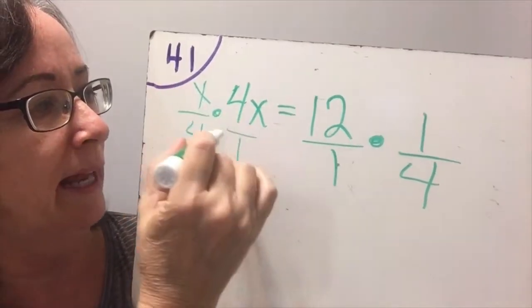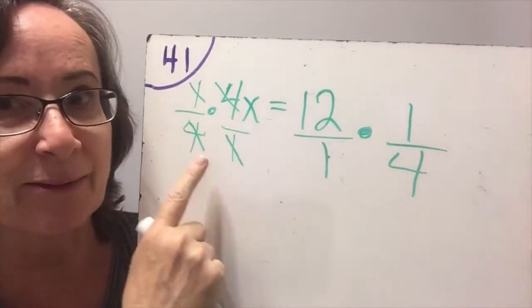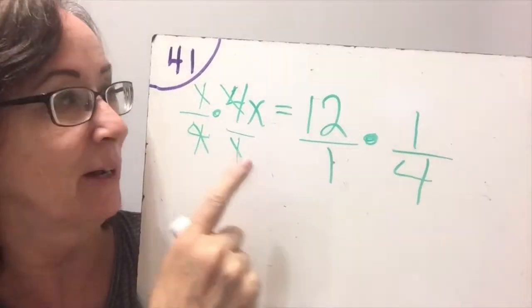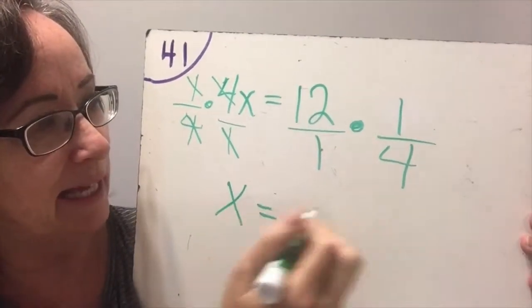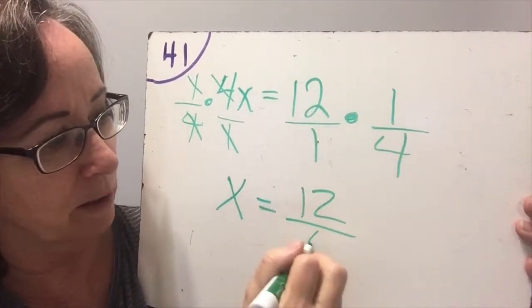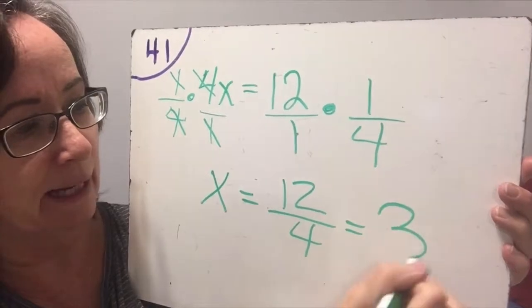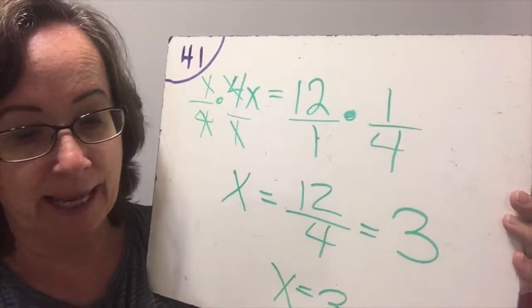So the 1 and the 1 and the 4 and the 4 will cancel because a reciprocal times the number is 1, and we end up with x by itself is 12 divided by 4, which is 3. So x is 3.